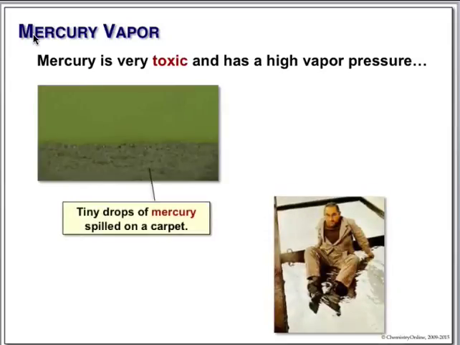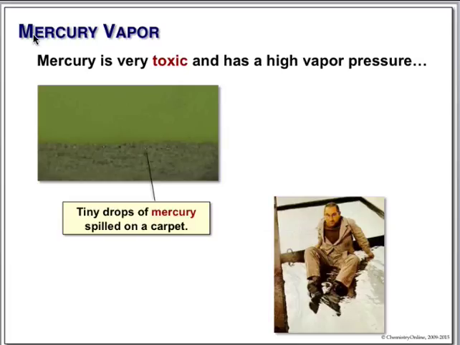Here's a demonstration. This is something from the EPA. They were called in somewhere to clean up a mercury spill. It was in a home, actually. So you can't see it very well, but this is a carpet. And here's the wall. And in here, there are little teeny tiny dots of mercury.